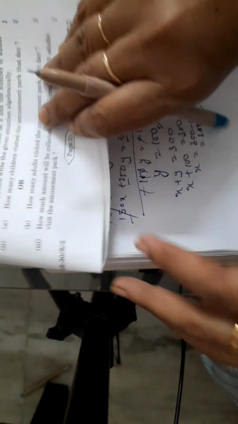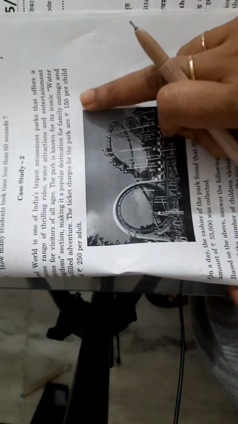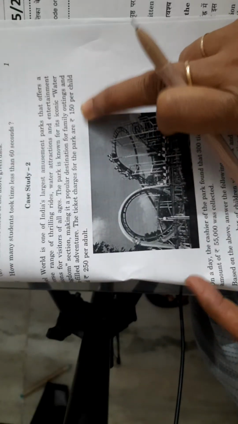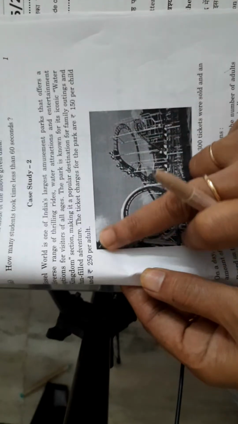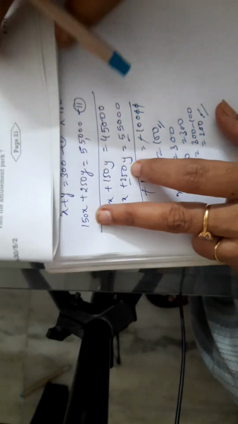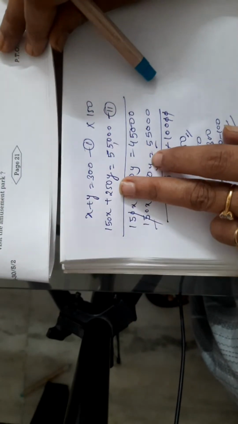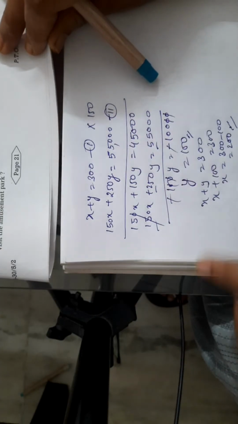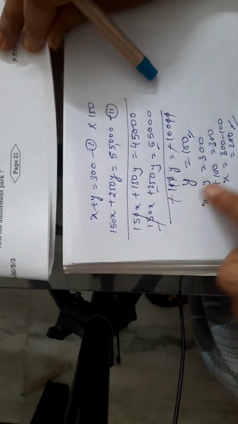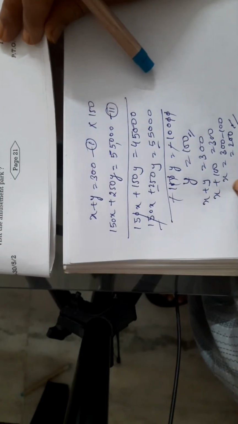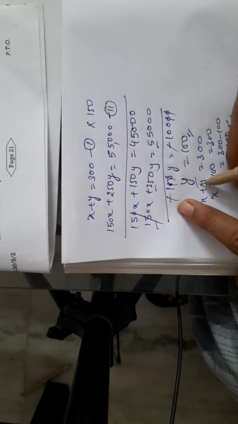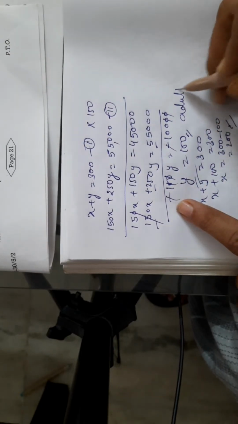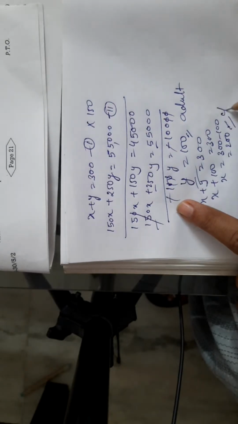As it is cost based, we multiply X with 150 for children and Y with 250 for adults. So the second equation is 150X plus 250Y is equal to total cost, so the cashier collected 55,000. Then after solving both equations, we get the values of X and Y. So Y was represented by adults. So 100 adults were there and 200 children were there.